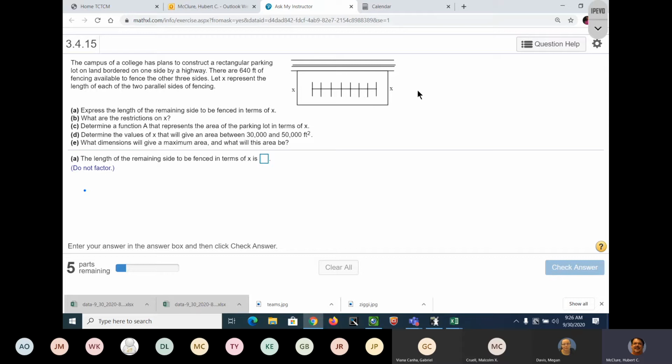Of course, you know that the perimeter is going to be, I'm going to call this middle section W for right now.